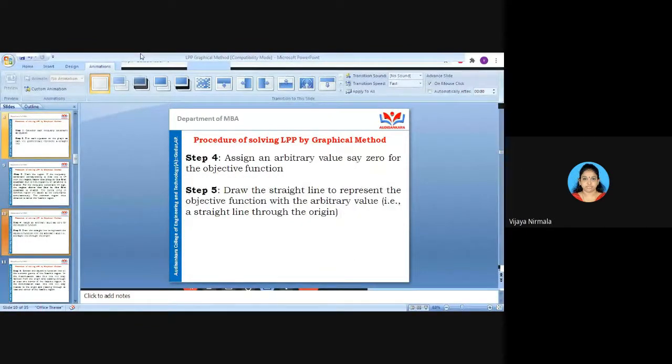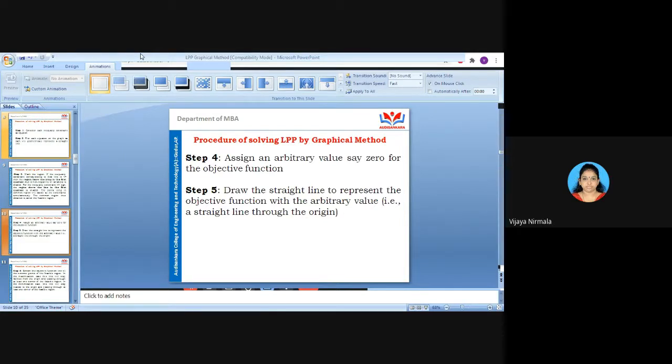In step 4, assign an arbitrary value, say 0, for the objective function. First, assign the arbitrary value 0, and based on that you get a value.